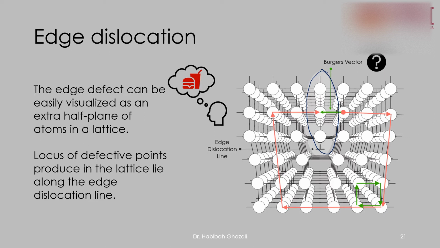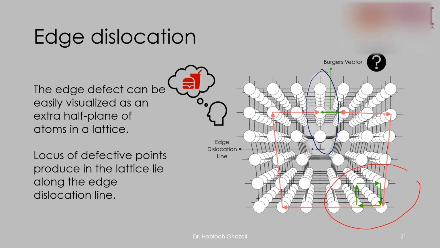So the Burgers vector can be determined by comparing the perfect crystal to the distorted crystal. So if you just focus your attention to this corner here. So this corner is a perfect crystal. There are no additional half plane here.